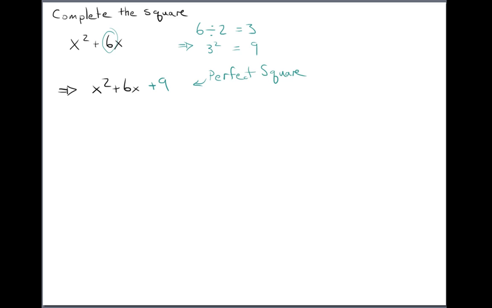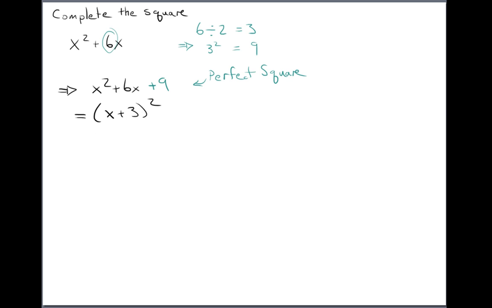As a matter of fact, this is equal to, what was 6 divided by 2? 3. And what's the square root of 9? 3. x plus 3 squared. That's our perfect square.